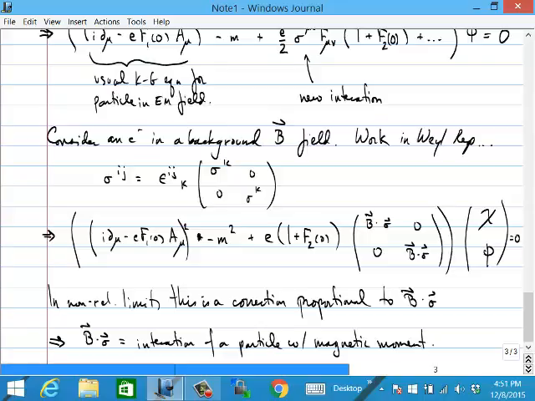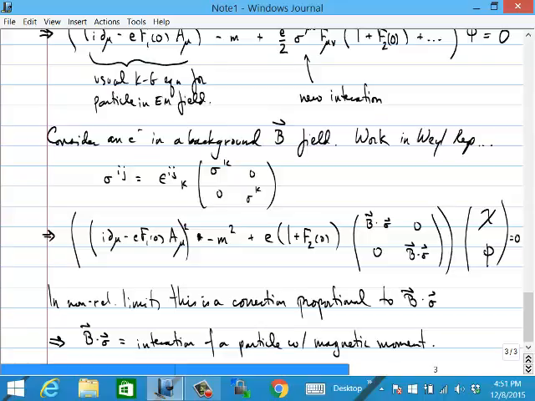Just to say that in somewhat different terms, if you have a particle that has an electric charge and is just sitting still, and you turn on a magnetic field, the energy doesn't change, right? You have to take a charge and move it around if you want it to interact with a magnetic field.